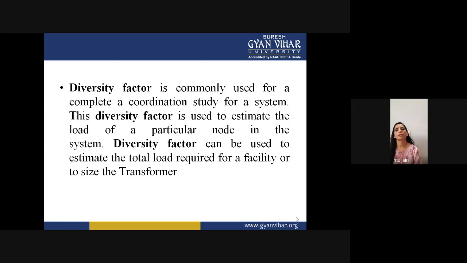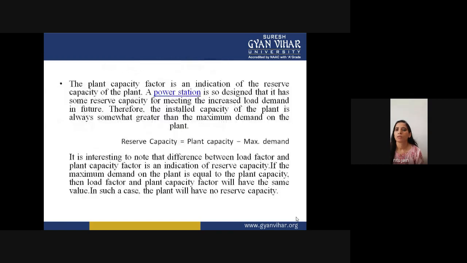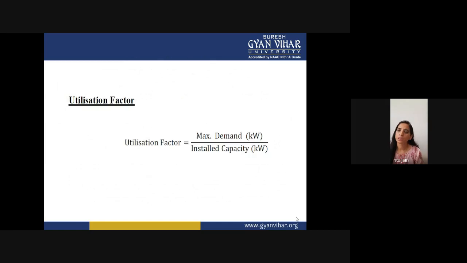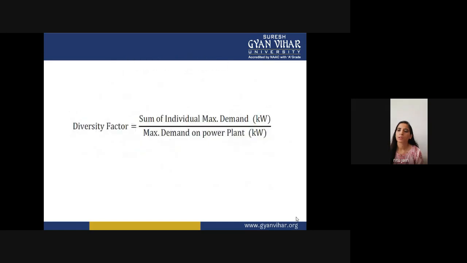Now, diversity factor is commonly used. We have already done diversity factor, but we can see it again because it is very important. Diversity factor is commonly used for a complete coordination study for a system. As you have seen in our previous slide, diversity factor is given by the formula: sum of individual maximum demands divided by maximum demand on the power plant.